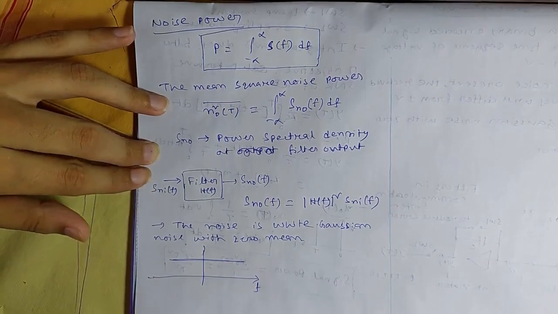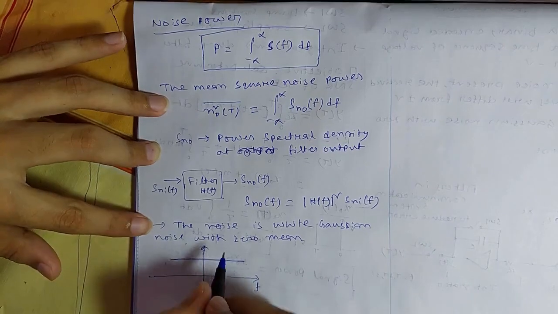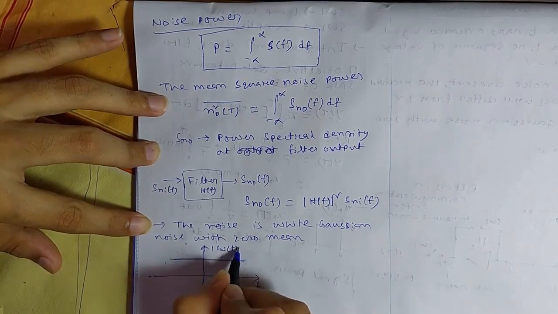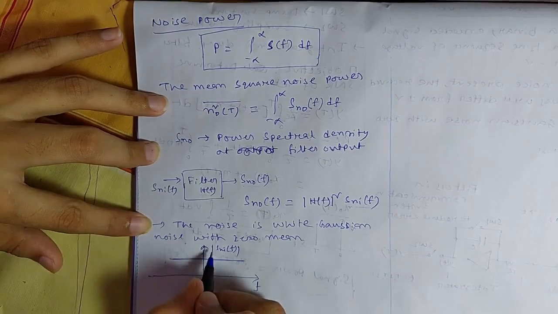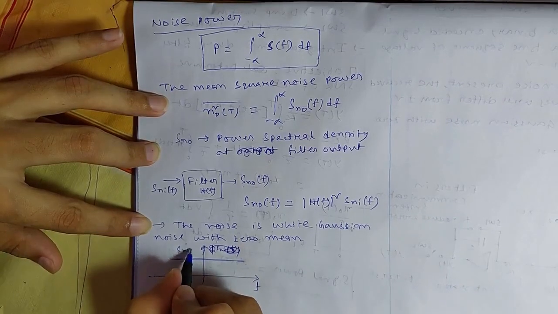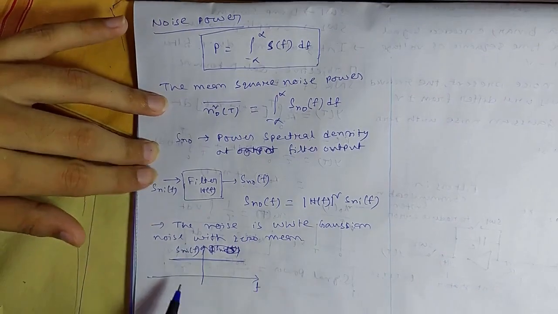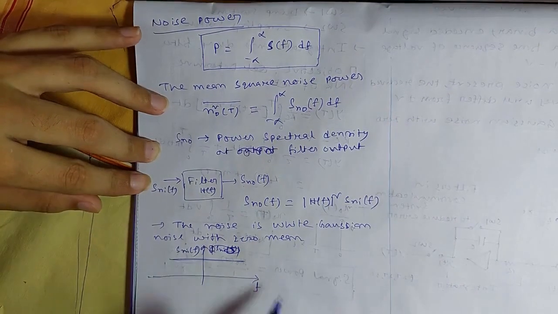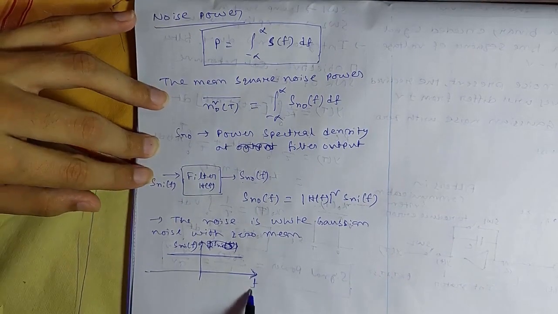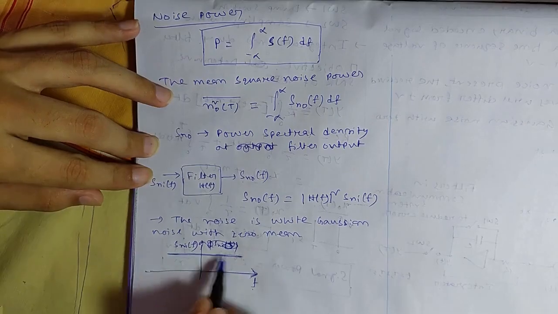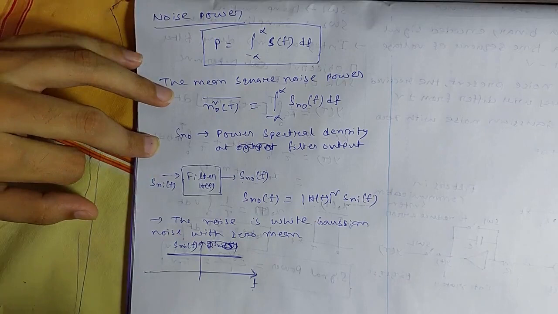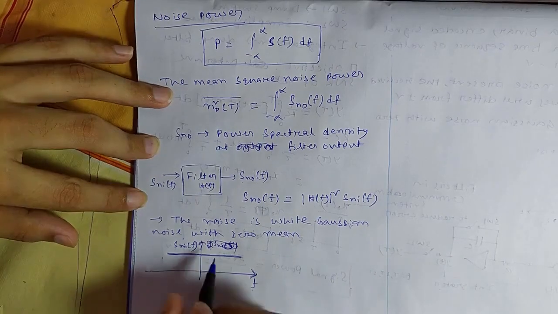It will be uniform. The y axis is S_Ni(f), and the x axis is f, and the power spectral density is white. So each and every frequency component has the same strength, and the height is N0 by 2.